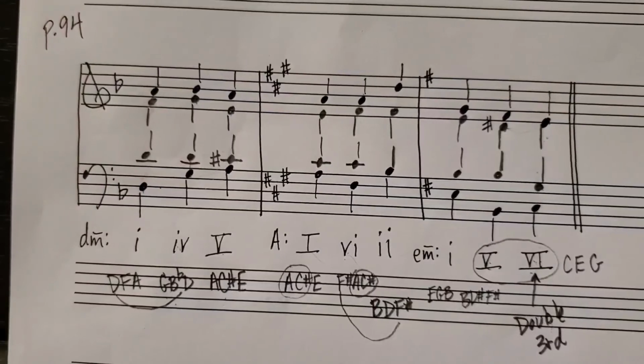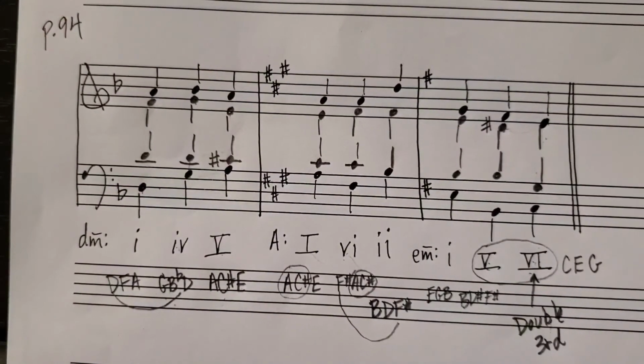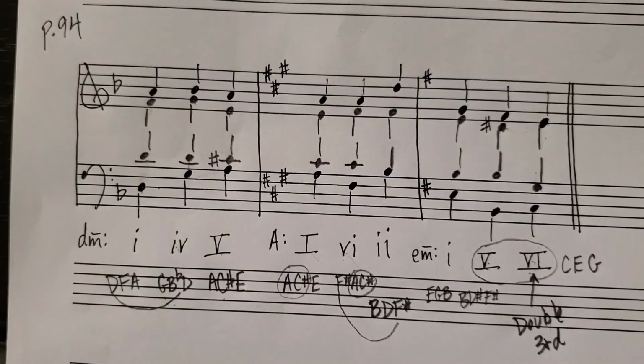All right, and now I'd like to play the examples that we voice led for the moving up by a second. The first one here is in D minor. Notice between 4 and 5, no common tones, and there's a third leap in the alto part.